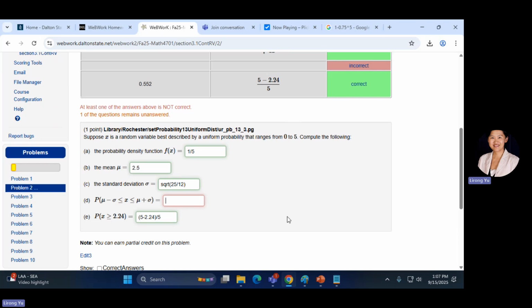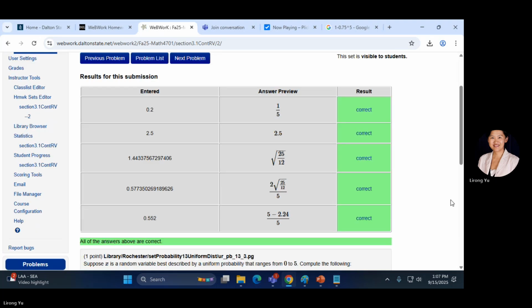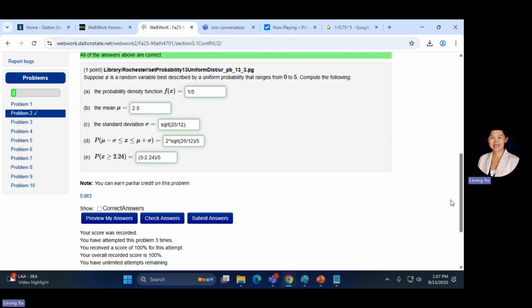The whole distance is 2 times the standard deviation. You multiply by 2, and that's the distance. The distance from the initial point to the terminal point is 5. So we'll do that. Any questions about this one?